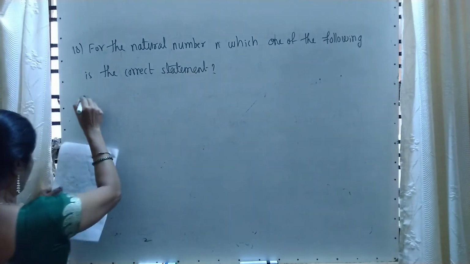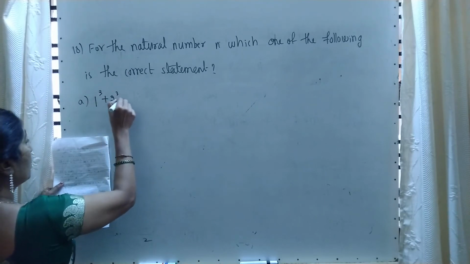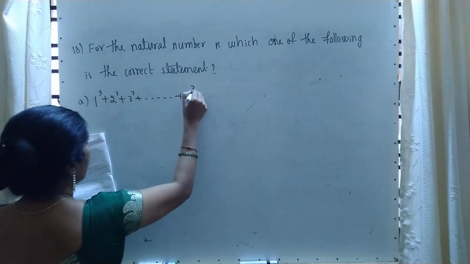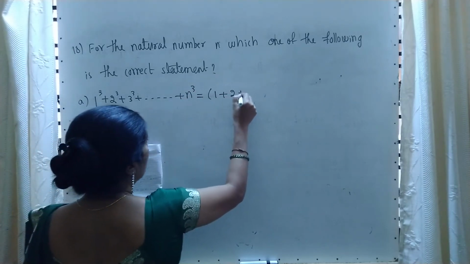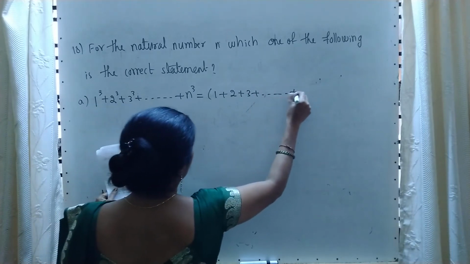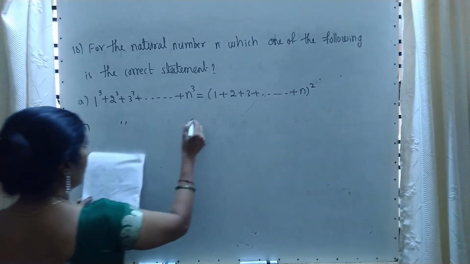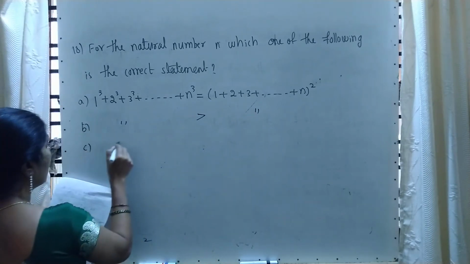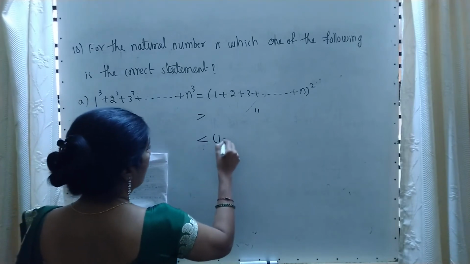So first one, 1 cube plus 2 cube plus 3 cube plus continuation plus n cube is equal to 1 plus 2 plus 3 plus dash dash plus n whole square. Second one, the same concept, here it is greater than. Here also we have the same. Third one, left side and right side are the same, only the symbol differs.